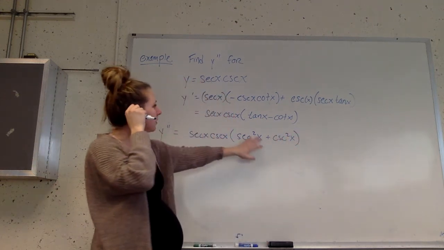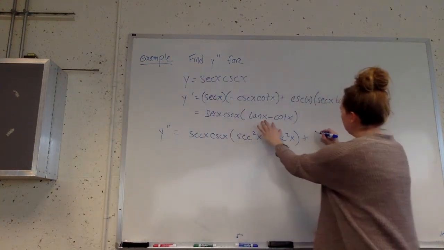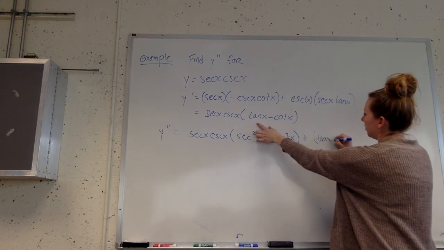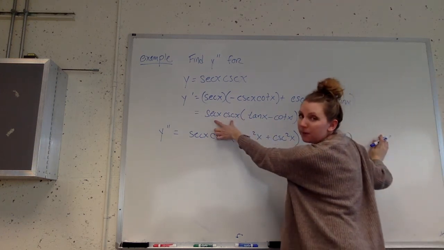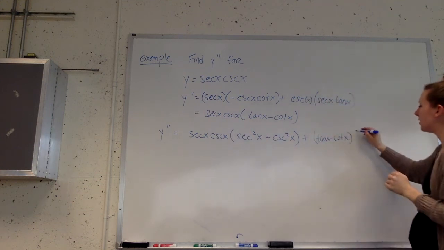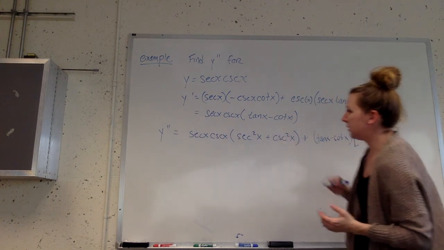So we have the first times the derivative of the second plus the second times the derivative of the first, which is another product. So we have to use the product rule on the secant times cosecant.